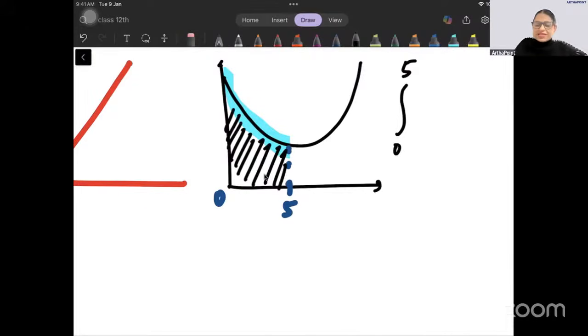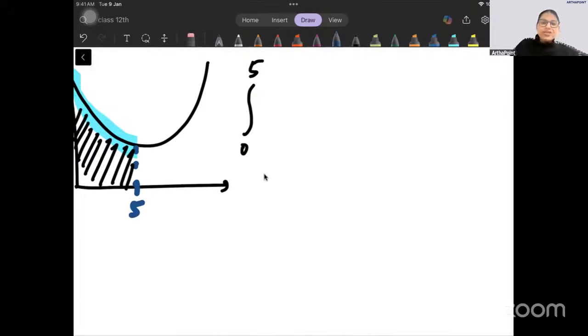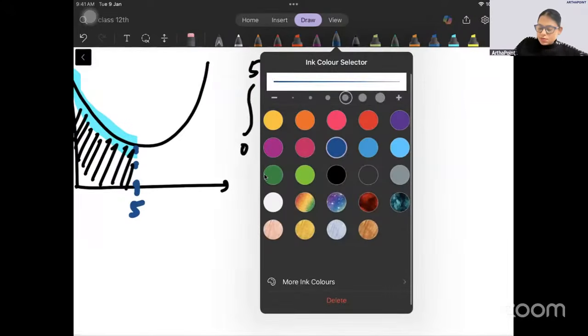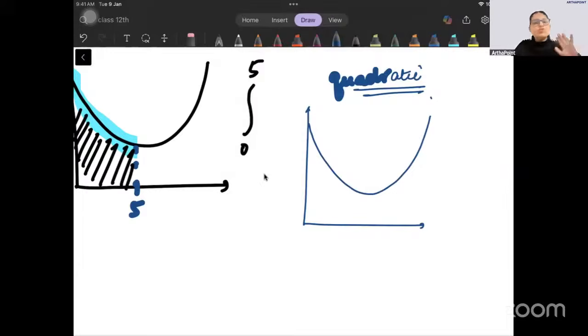So this is the same thing. Since it's a Q square, it's a quadratic function, my demand curve would look something like this, suppose.